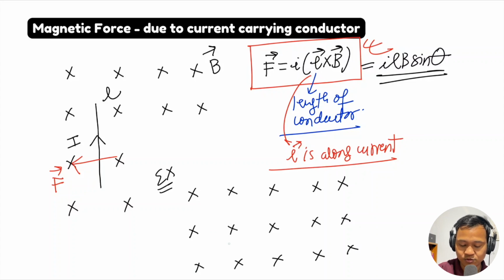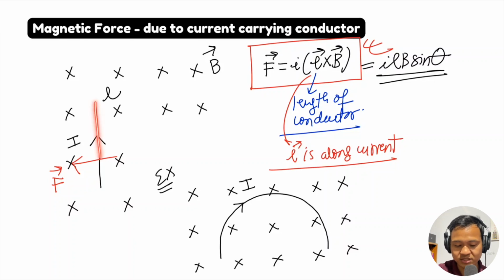If I have a semicircular wire carrying current, this formula for a straight wire can also be applied to part of a loop. Suppose the radius is R, and we want the force acting on this semicircular part.